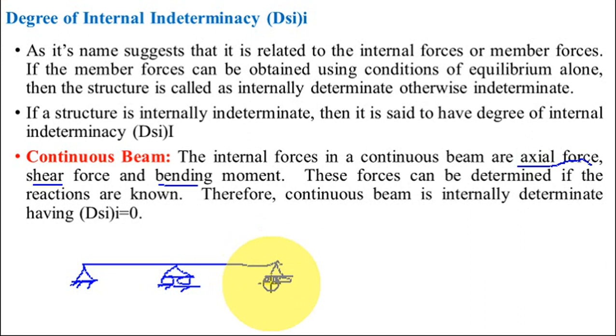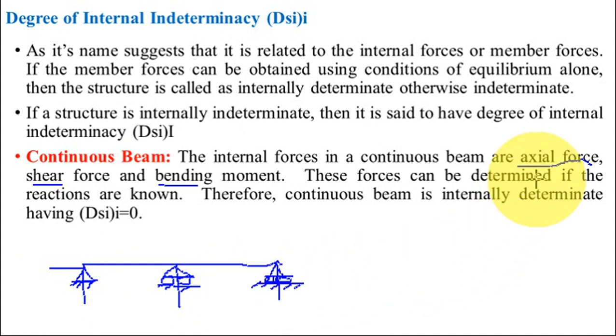Okay, now if you know the support reactions, easily you can draw the shear force and bending moment diagram. Suppose here this is a hinge support with two reactions, and a roller with one reaction each. If you know these reactions, you can calculate the internal forces in the continuous beam.